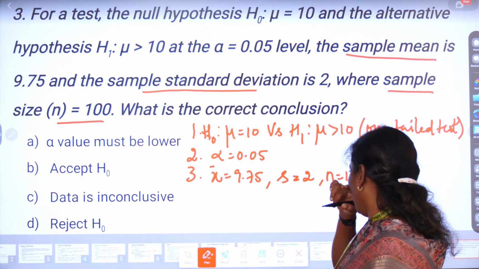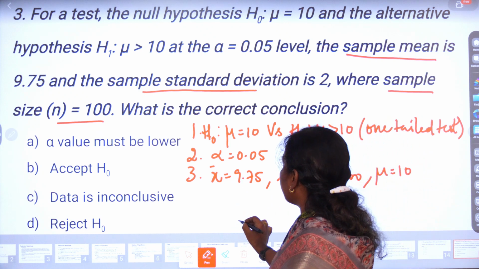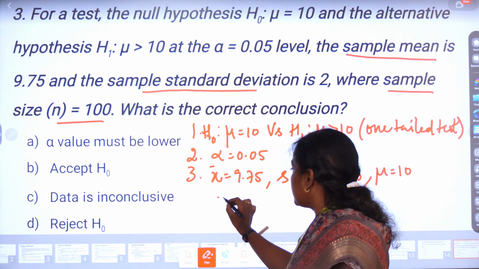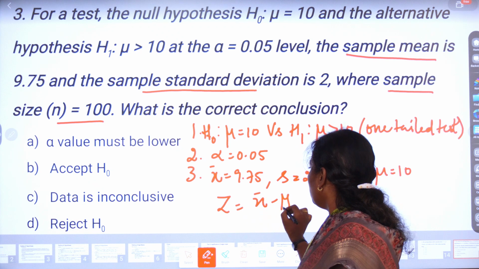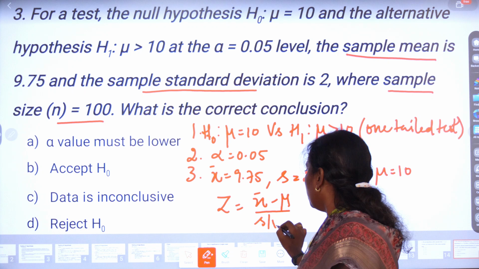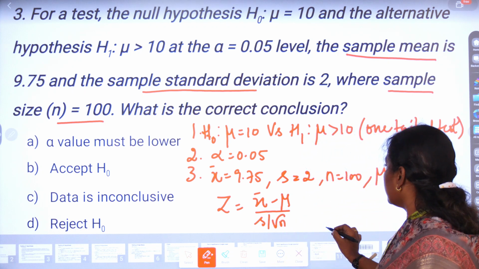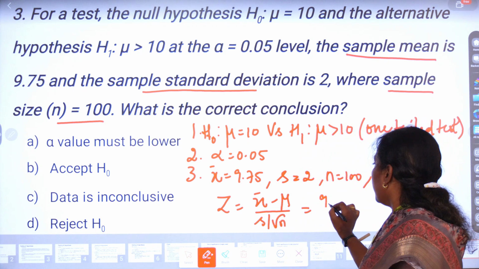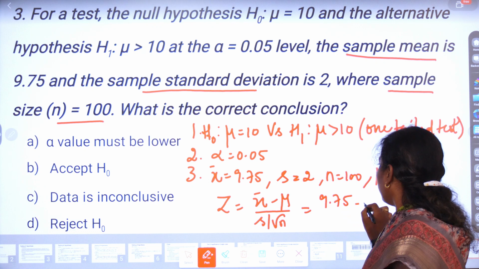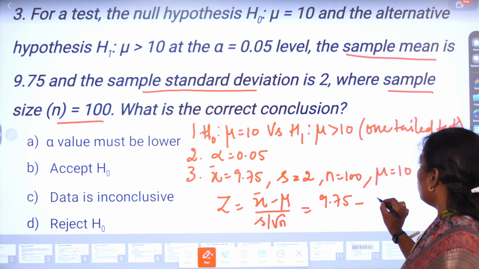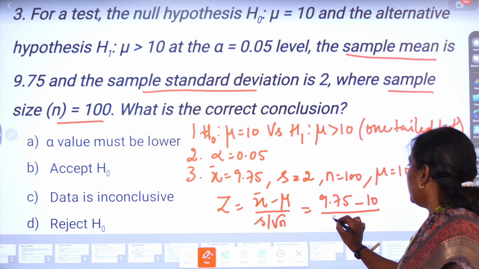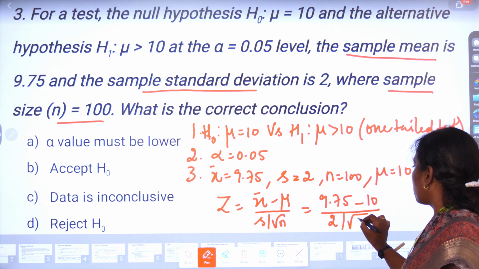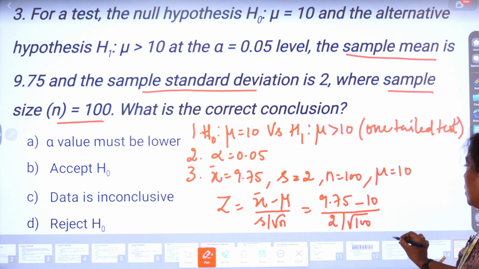So now let us compute the test statistics. Your test statistic is Z is equal to x bar minus mu divided by S by root n. Let us substitute the values. 9.75 minus 10, the whole divided by 2 divided by square root of 100.